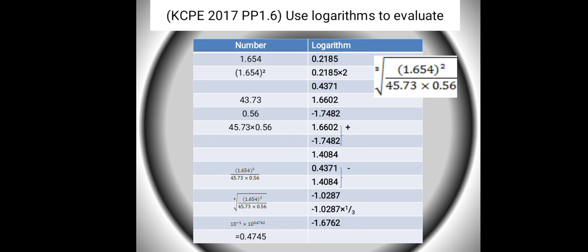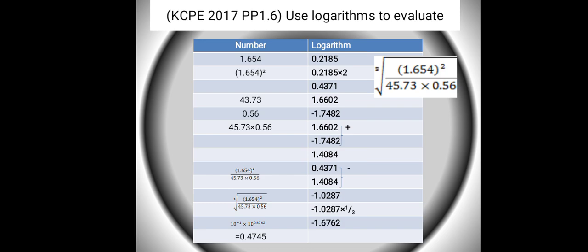The logarithm of 43.73 is 1.6602. The logarithm of 0.56 is 1.7482. Now add the logarithms for the denominator. We get 1.4084.